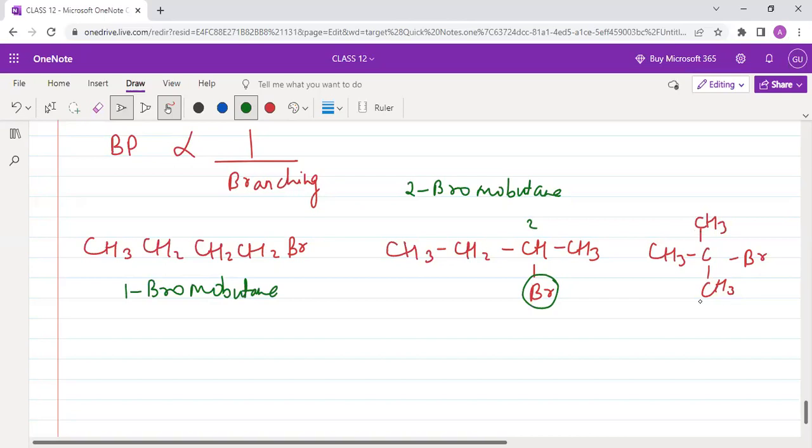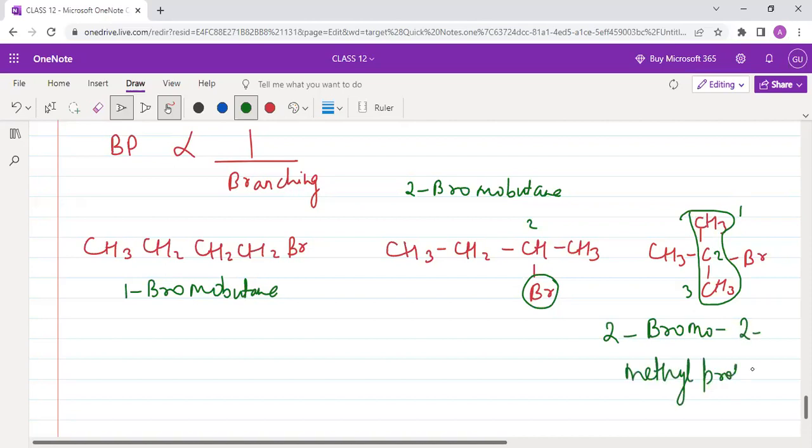And this one, this is your main chain: three carbon atoms, first, second, and third position. On the second position, bromine is attached and CH3 is also attached. So the name is 2-bromo, 2-methyl, and the main chain has 3 carbon atoms, so it will be propane.